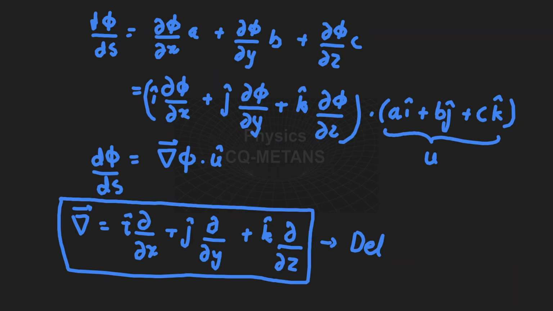It is also called nabla, but we will call it del. So this is del phi, and this del phi has a name. It is called the gradient. So we can write it as grad phi or just del phi.